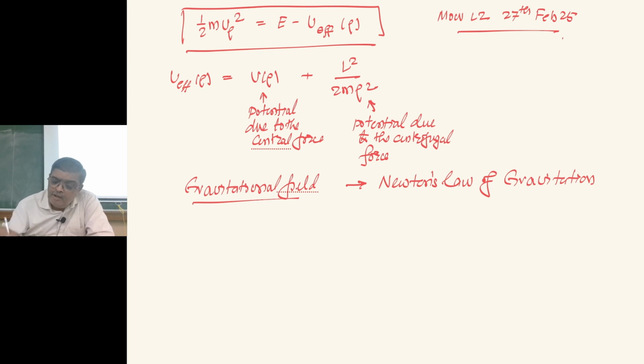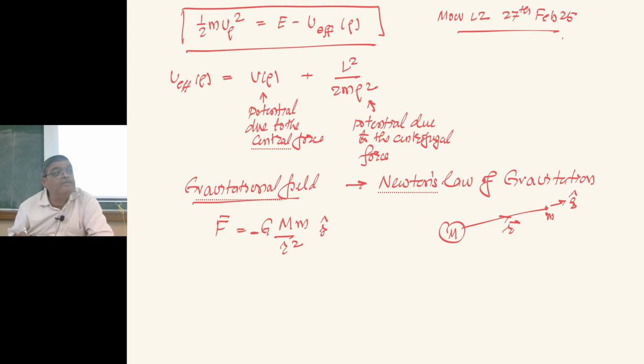which says that if I have a massive object M and another object m, such that the position vector of this m is r vector, and I'm going to define a unit vector r cap. So then I'm going to find that F vector is equal to G M m divided by r squared times r hat with a minus sign.